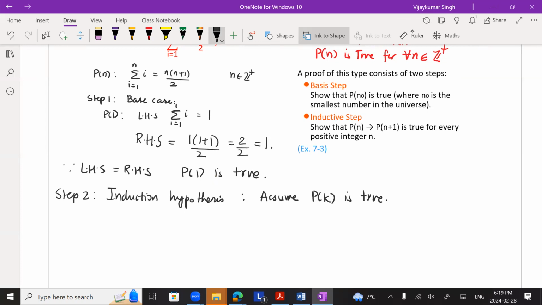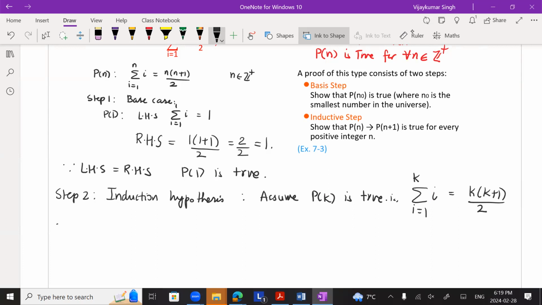That means the summation of i going from 1 to k of i is going to be k into (k plus 1) divided by 2. Is that okay? So this is the induction step. You don't need to prove anything here.